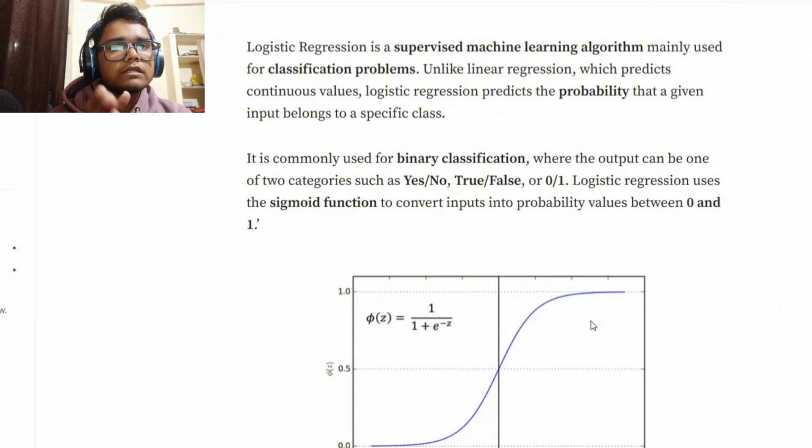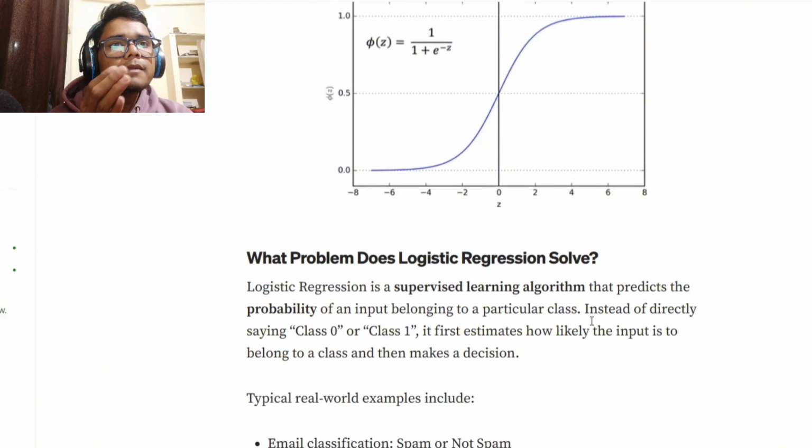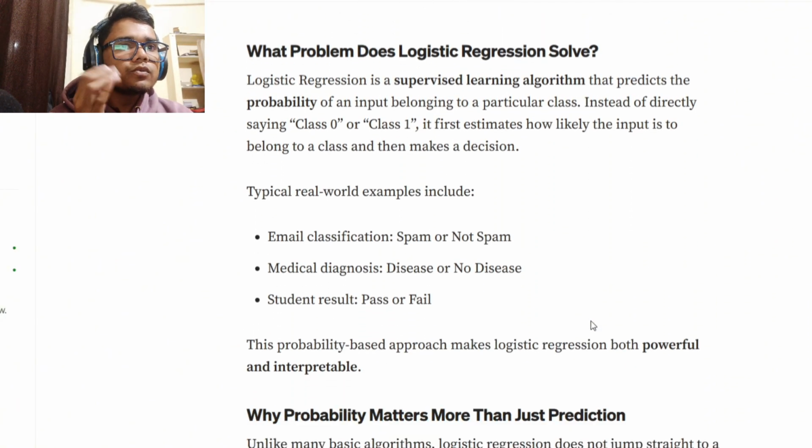As you can see, this is the graph of linear regression. Let's go. What problem does logistic regression solve? Logistic regression is a supervised learning algorithm that predicts the probability of an output belonging to a particular class. Instead of directly saying class 0 or class 1, it first estimates how likely the input is to belong to a class and then makes a decision.